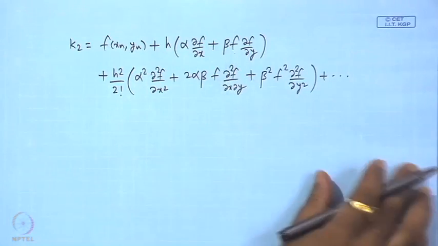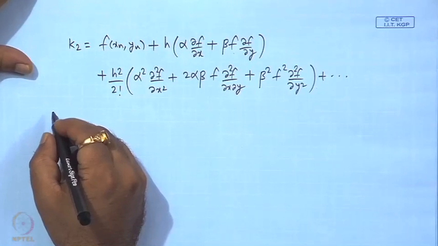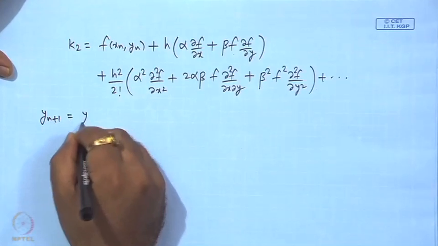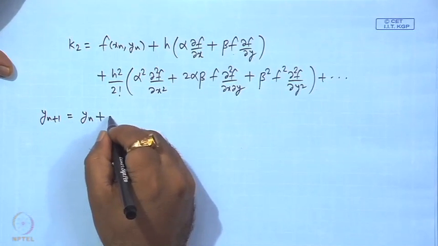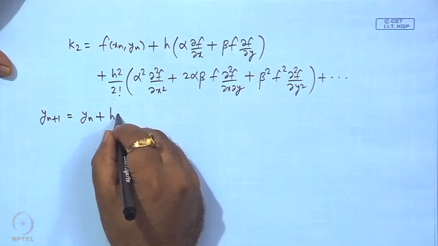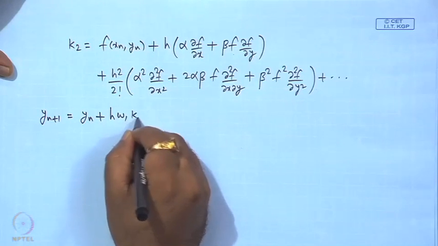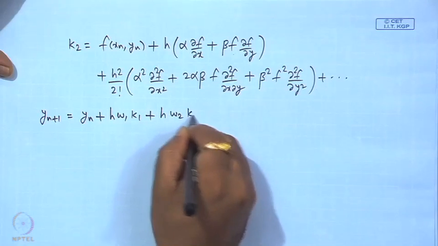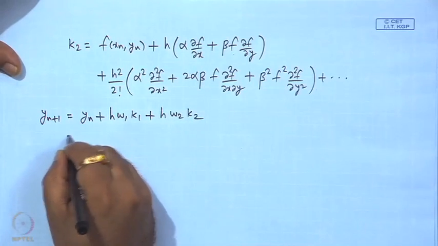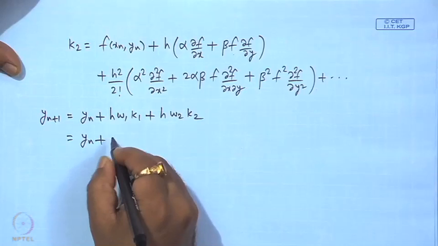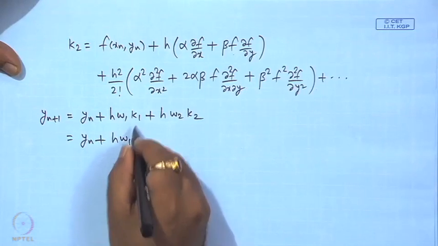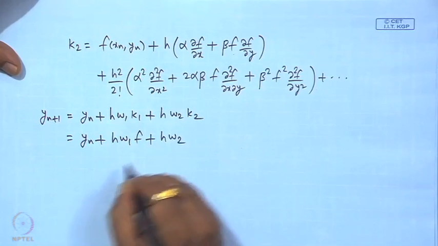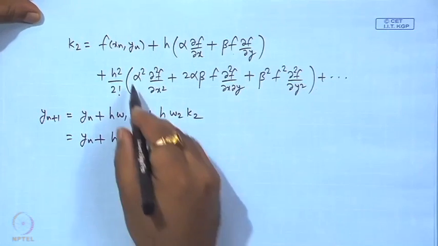So, therefore, your y n plus 1 is y n plus h w 1 k 1 plus h w 2 k 2. So, this is our approximation. This is given by y n plus h w 1 k 1 is just f plus h w 2 k 2.